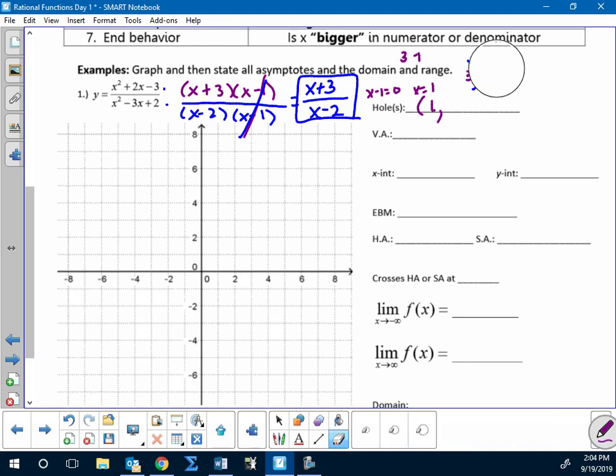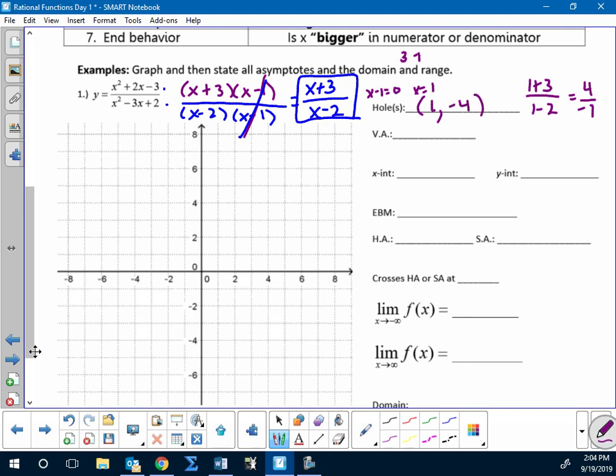I'm going to erase this factoring stuff so I have some space. When I substitute, I get 1 plus 3 over 1 minus 2, which is 4 over -1. So that's -4. Now I know where that is. And (1, -4) should be an open circle because it's a hole in your graph. That was step 2 and 3.